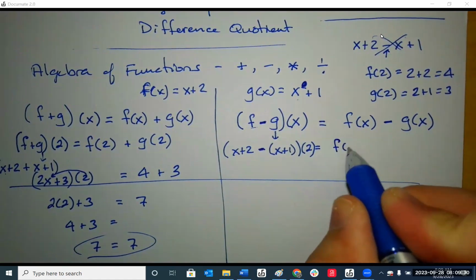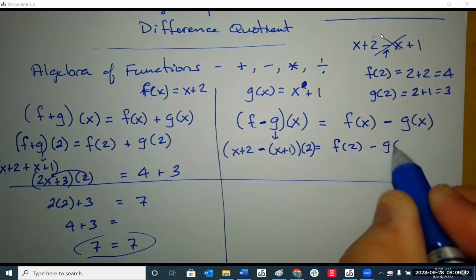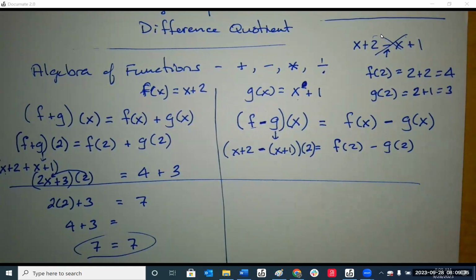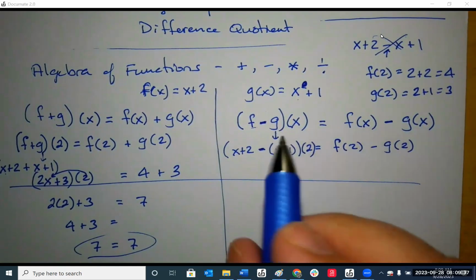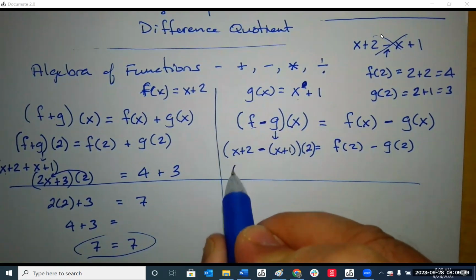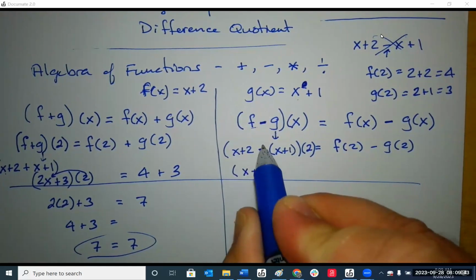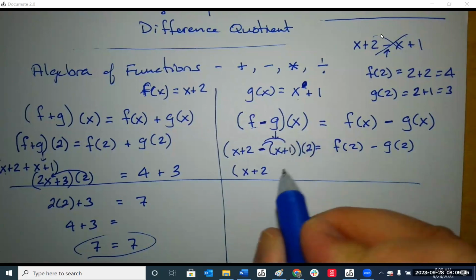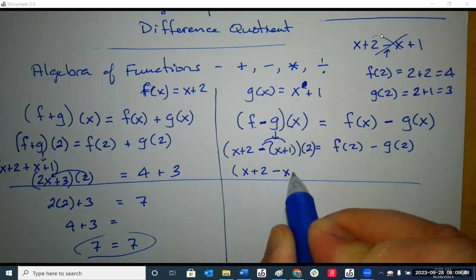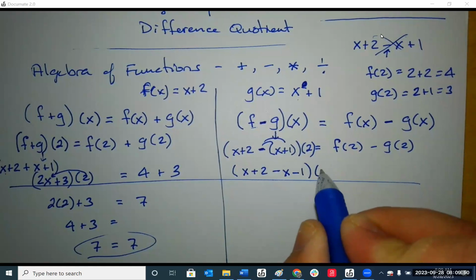And then we have f of 2 minus g of 2. On the left-hand side, get rid of the parentheses. So we have x plus 2. This negative sign goes to both of those terms, so it's negative x, negative 1.